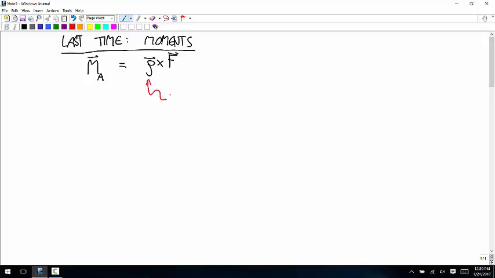This row vector is a vector from the about point to the point of force application.